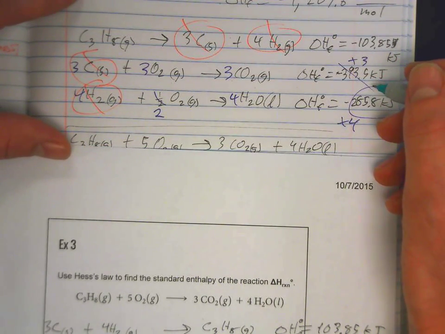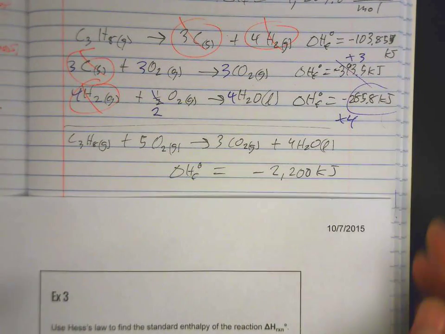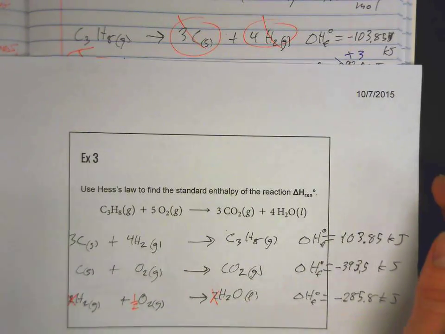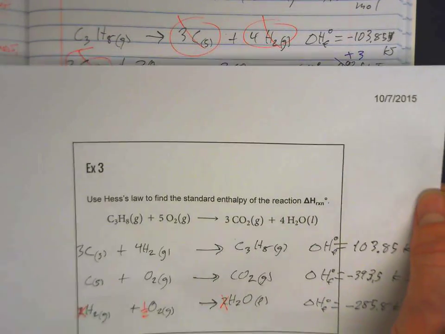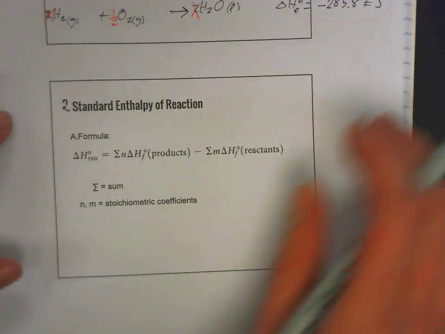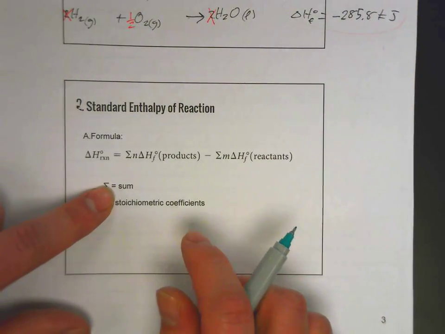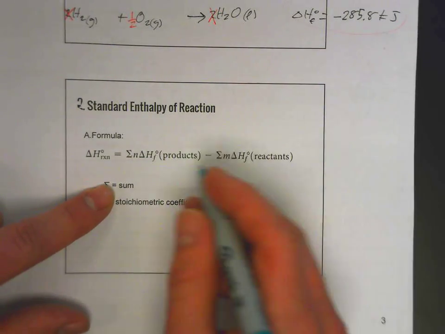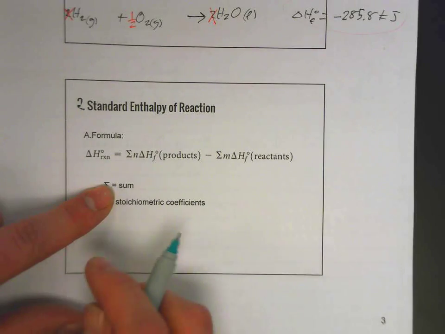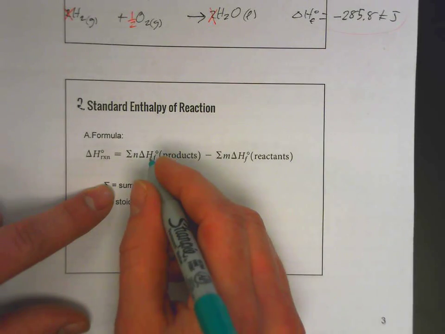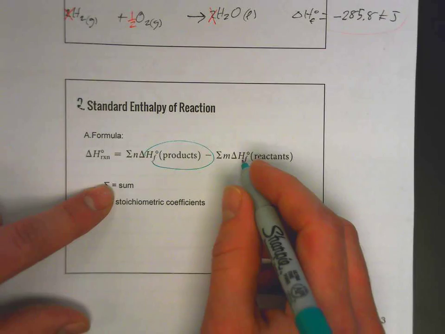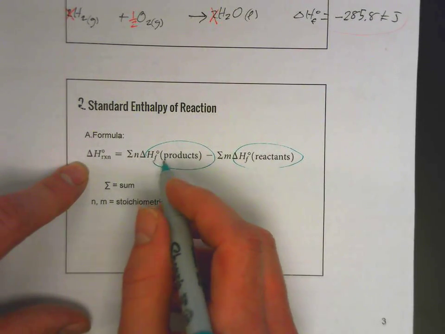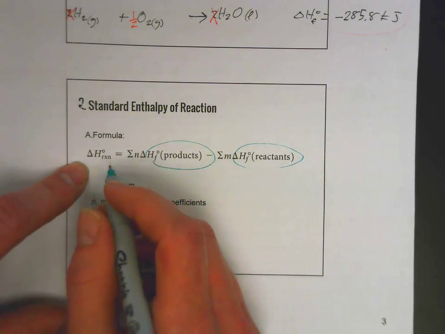Notice that we end up with a formula that looks like this. The n stands for the number of moles of the products, and the enthalpy of formation of the products minus the enthalpy of formation of the reactants will equate to the total enthalpy of the reaction.